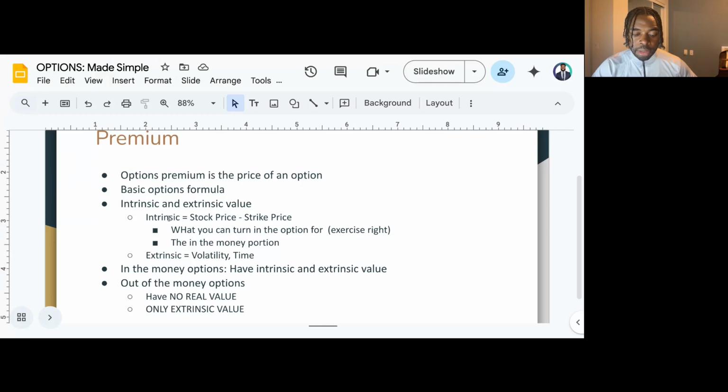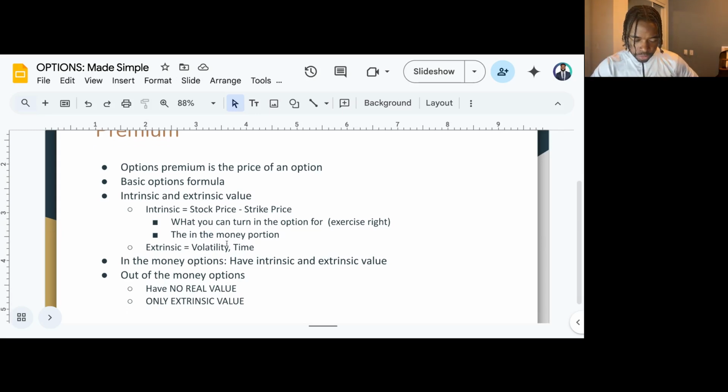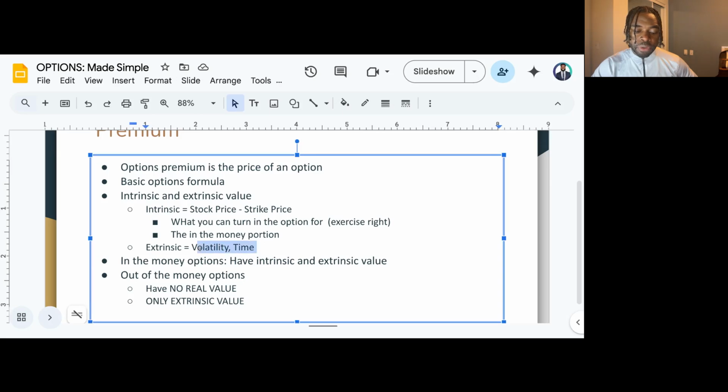Again, that formula is the stock price minus the strike price, and this is the in the money portion. That's your intrinsic value. Extrinsic value is made up of volatility and time. What do I mean by volatility? Volatility is how events cause fluctuations in a stock.